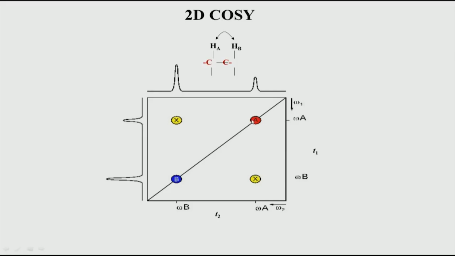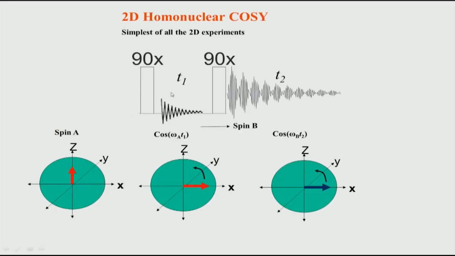Remember that in 2D NMR the coupling will appear in both axes. Why? Because if you go back to this picture, this is also like a 1D and this is also like a 1D. Therefore, if there is a splitting because of J coupling here, the J coupling splitting appears here also. Of course, this is the standard 1D spectrum, but this is also like a 1D.